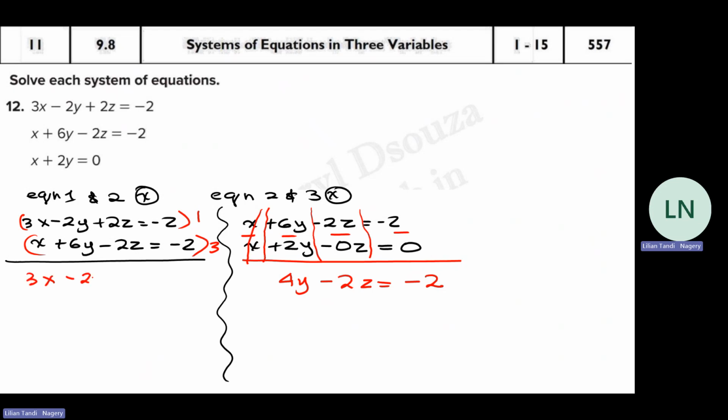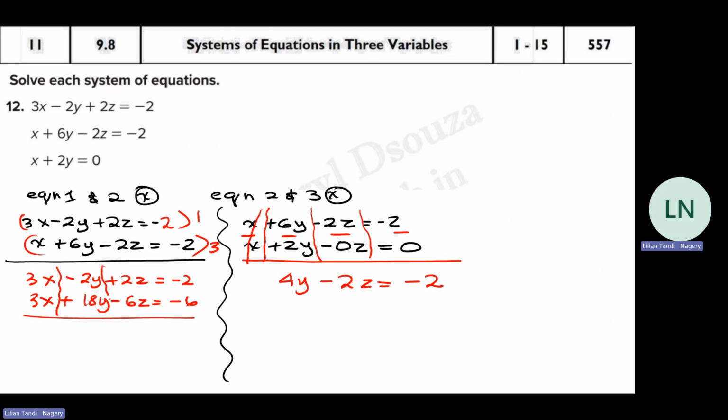3x minus 2y plus 2z equals negative 2. Please write your numbers clearly. Don't write them to look like z. Okay. Then you have 3x plus 18y minus 6z equals negative 6.